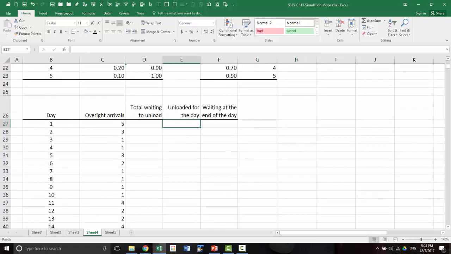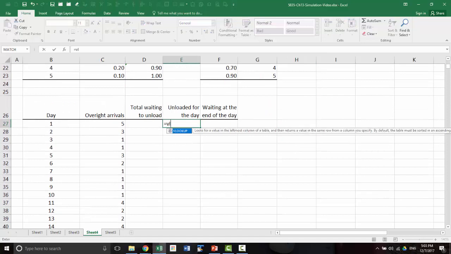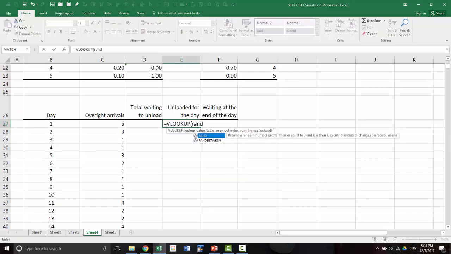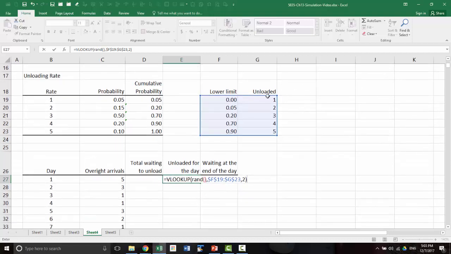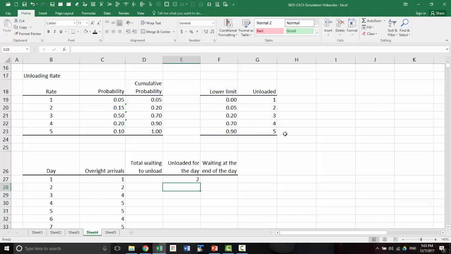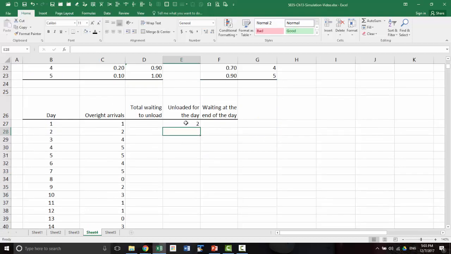So again, we can use a VLOOKUP, and once again you start with RAND. All right, and that is our lookup table, and press F4 to make it an absolute reference so it can be copied. And the second column gives us the unloading rate. Okay, now of course you can copy that, but before that let's pause for a second and see what happens.